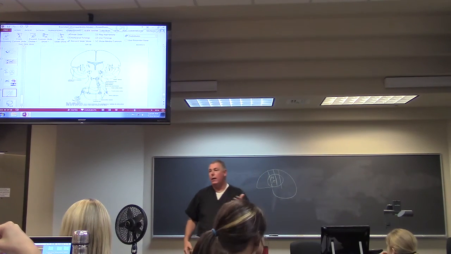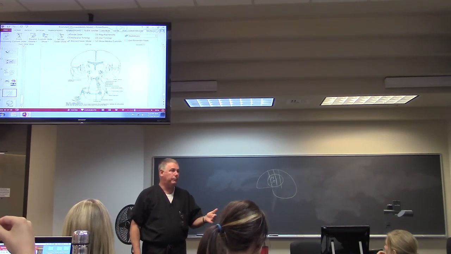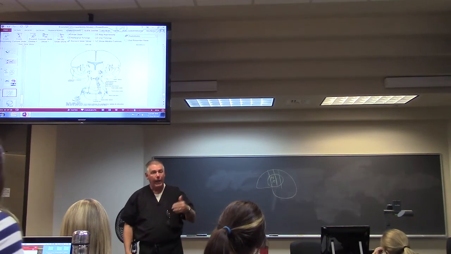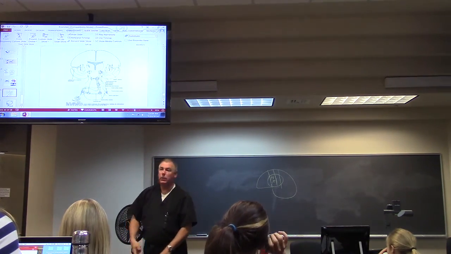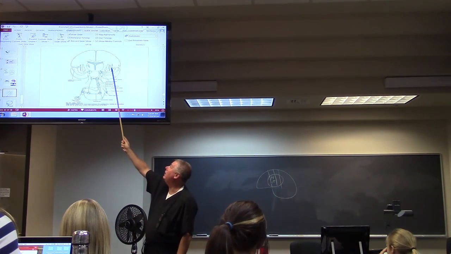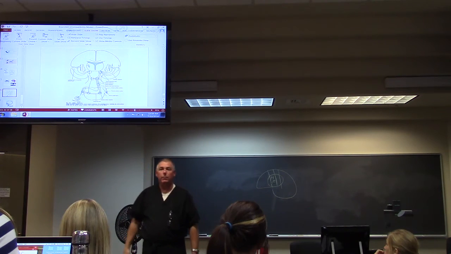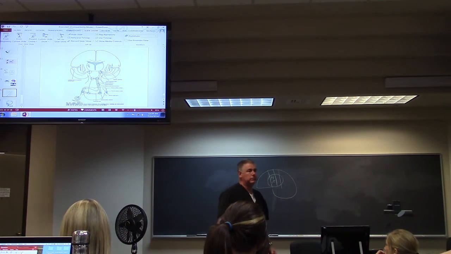Actually, the hearing pathway is what's called tonotopic. Once you get into the brainstem up here, high tones and low tones are found in specific regions. So that by the time you get to the cortex there, high tones are found medially, low tones laterally in the temporal cortex.